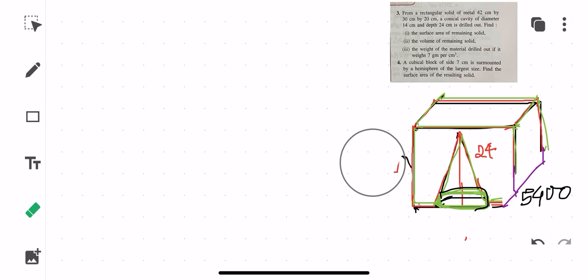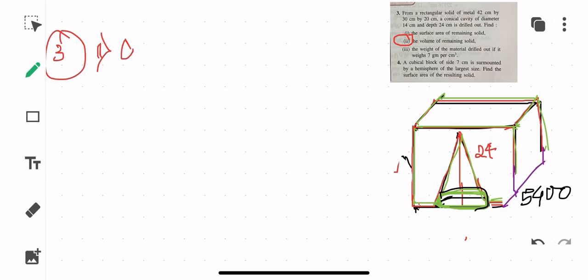Why? Because what do you have to do? I'll just tell you that. Suppose this is my question number 3, the second sub question. Here I'll be taking for cone, and then I'll be taking for cuboid. So the formula of cone is what? It is 1/3 pi r square h.